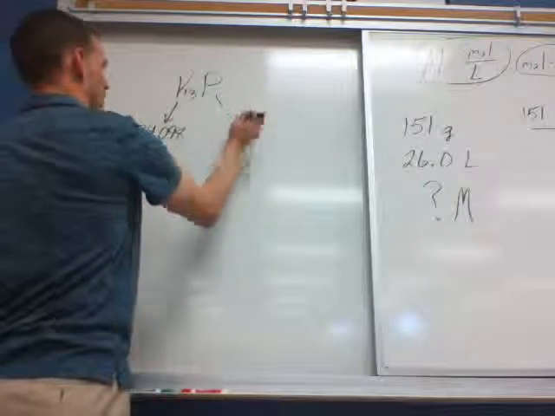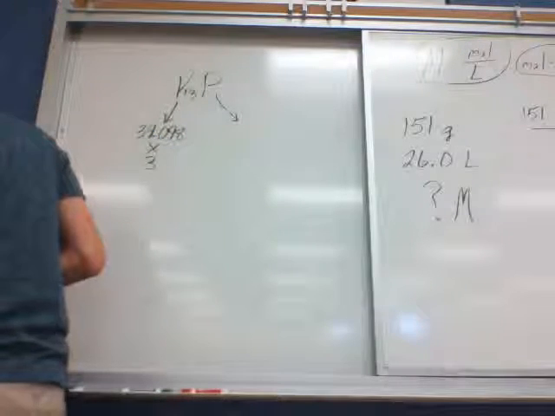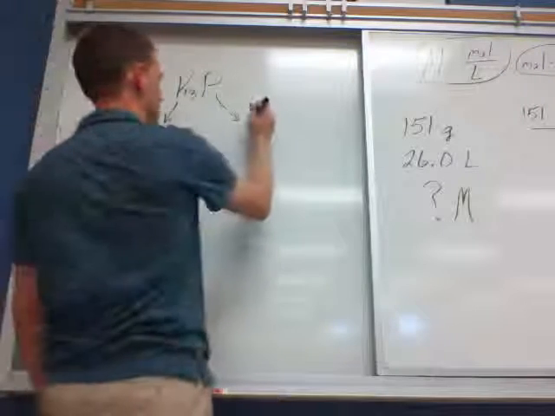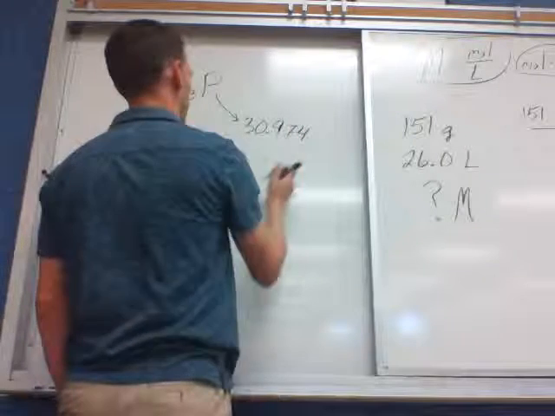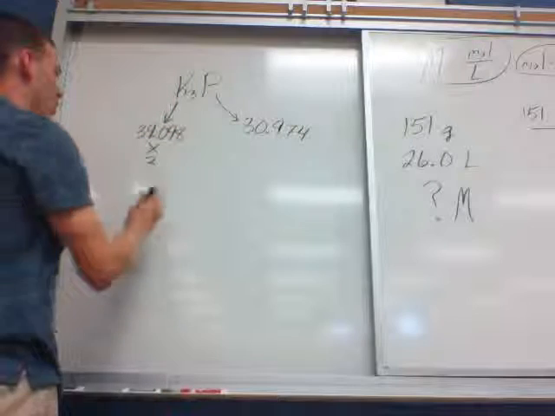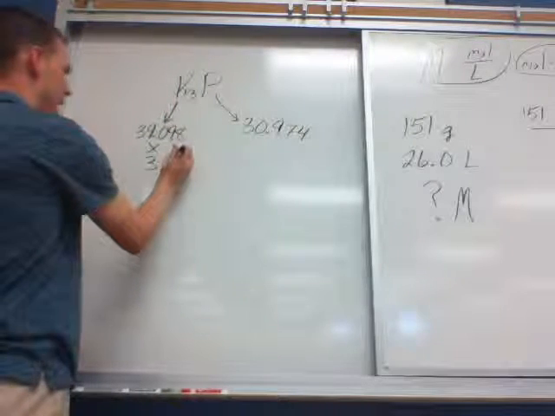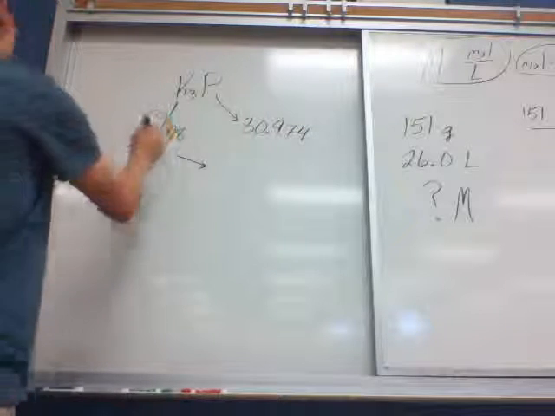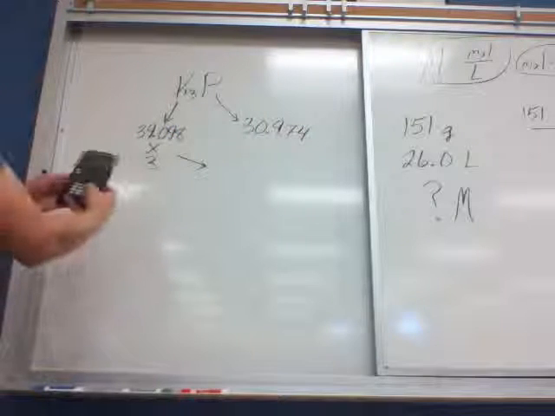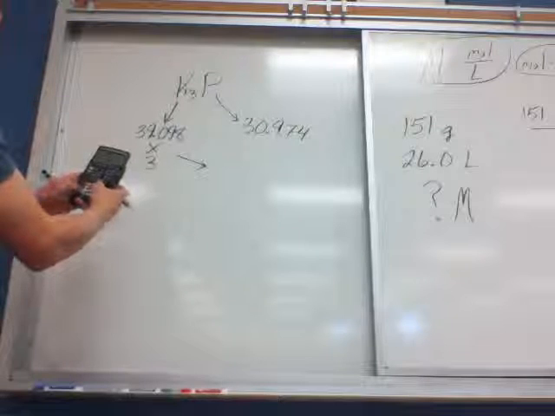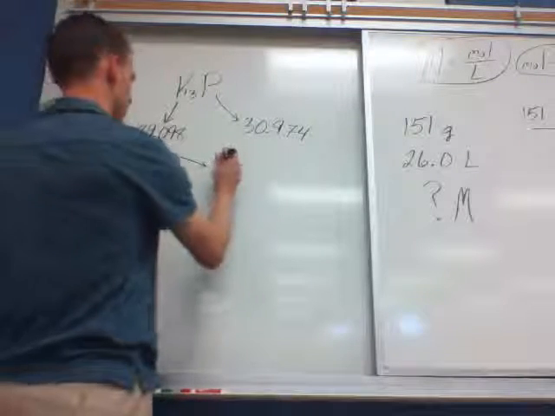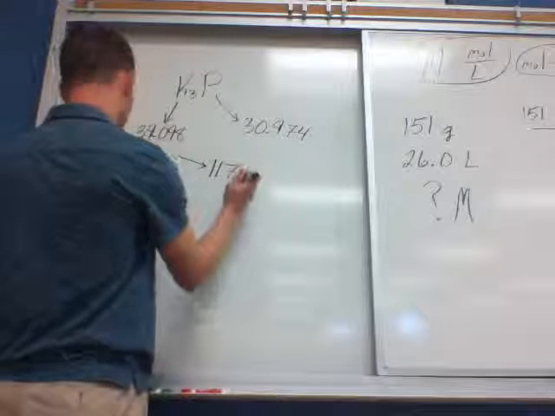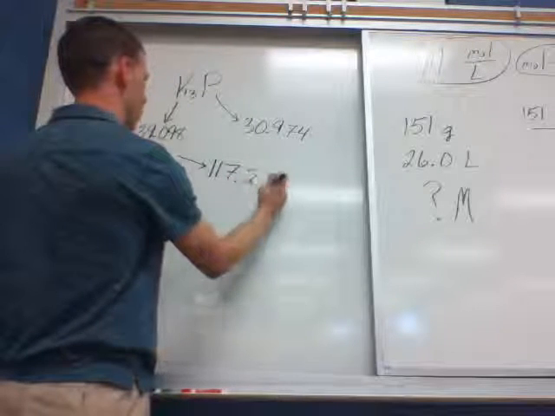We've got phosphorus with a mass of 30.974. And there's only 1 of them. So let's find out what 3 K's is. Potassium 3 times is 39.098 times 3. I get 117.294.